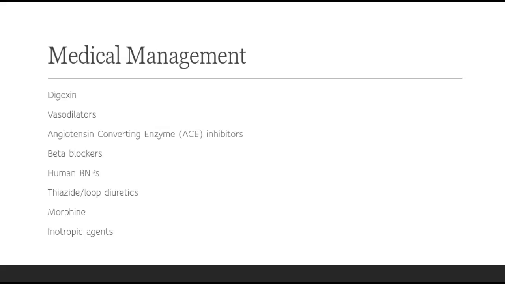Medical management for heart failure. We've talked about a lot of these drugs already. So digoxin. This used to be the cornerstone treatment of heart failure, but now it's used less often, just because of that risk of digitalis toxicity.